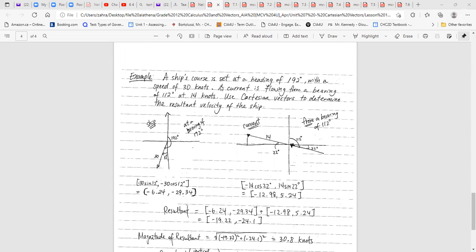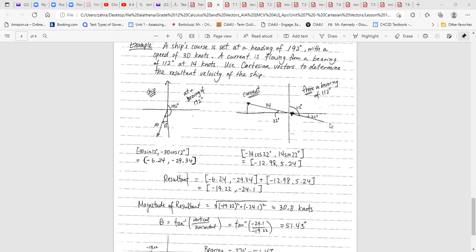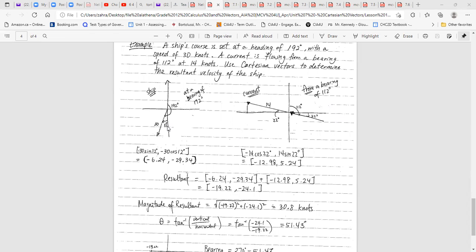Okay, a ship's course is set as a bearing of 192 with a speed of 30 knots, and the current is flowing from a bearing of 112 at 14 knots. Use a Cartesian vector to determine the resultant velocity of the ship. So you need to find the x and y component of each vector.